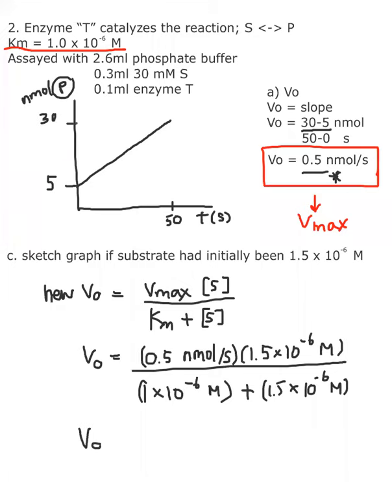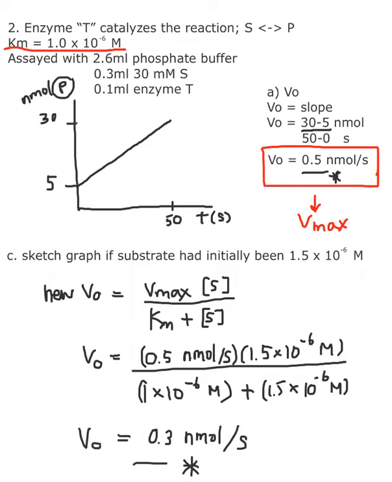Plug in Vmax and Km in the Michaelis-Menten equation and you will get V naught equal to 0.3 nanomole per second. This is the new velocity when you run with the new concentration of the substrate.